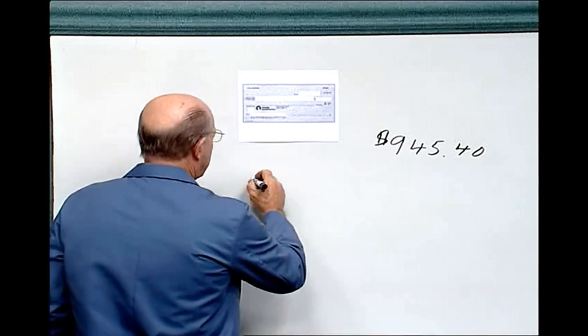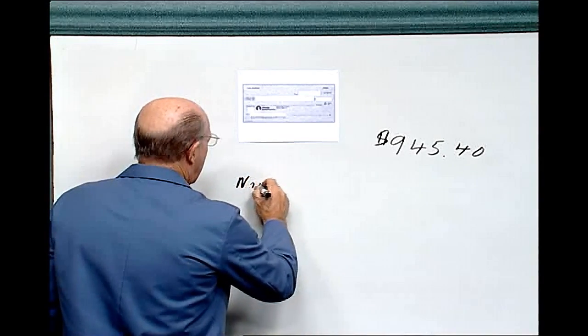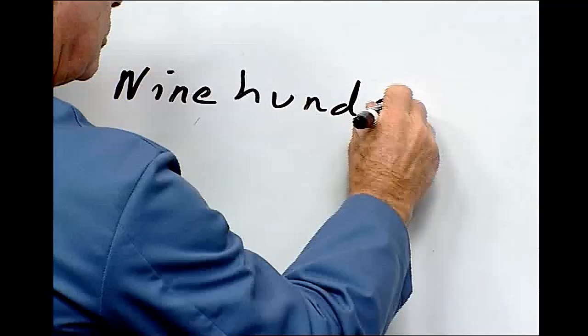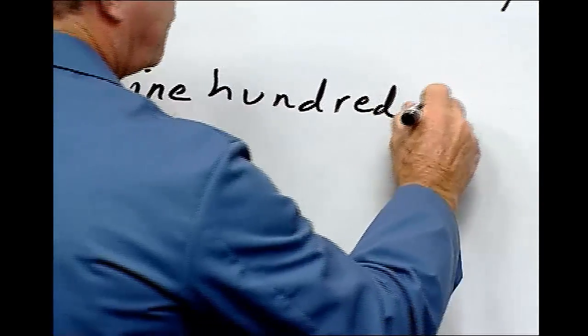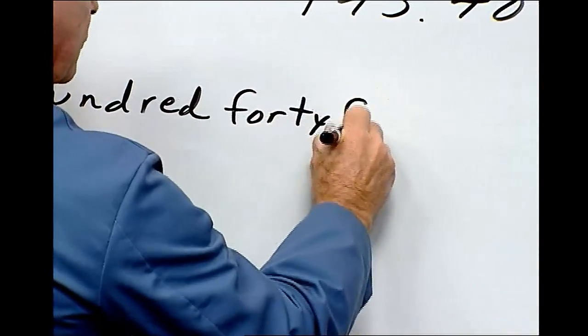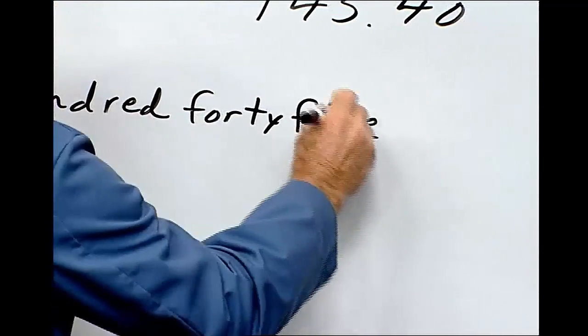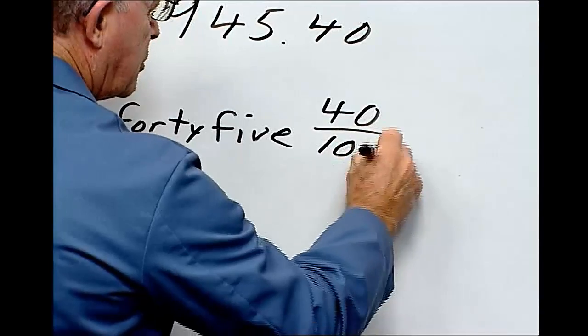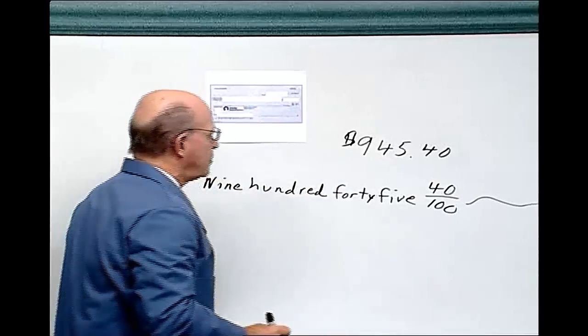So you write 945, and then you don't have to write the 40 cents there, you just have to do this here. Then you put a scribble mark over there.